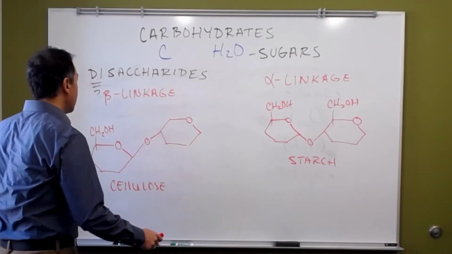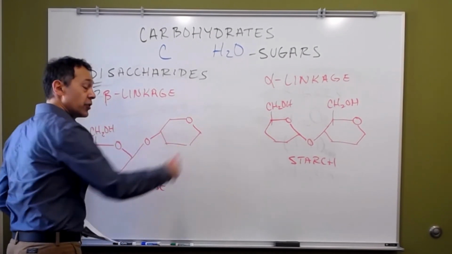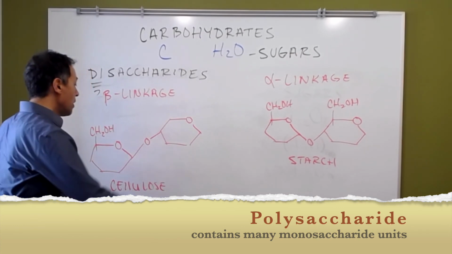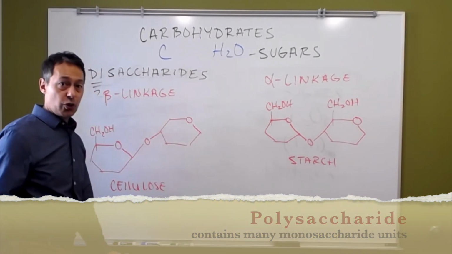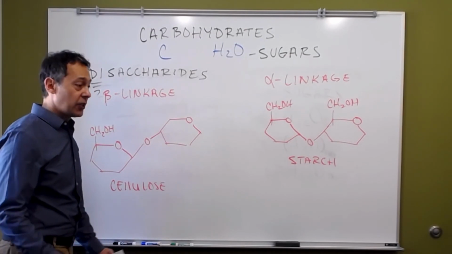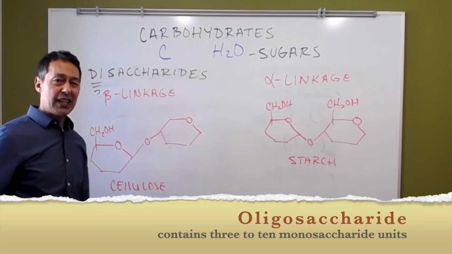All right, that's disaccharides, just taking two monomers and joining them together. A polysaccharide would be taking many of these units and joining them together. And then we have something called an oligosaccharide, which is in between.